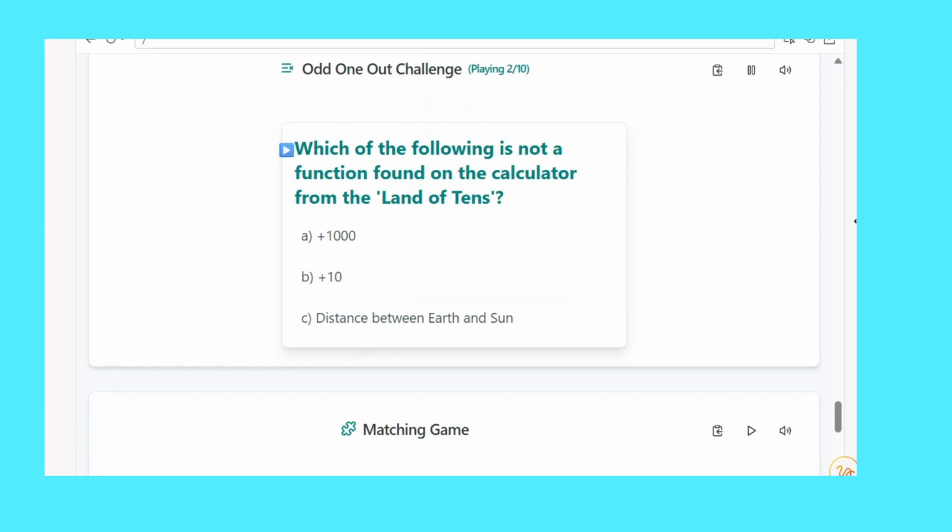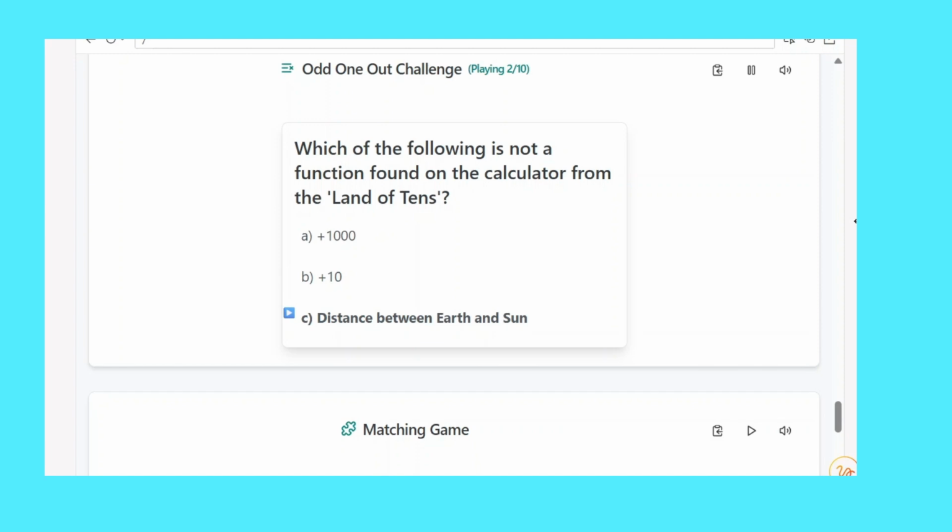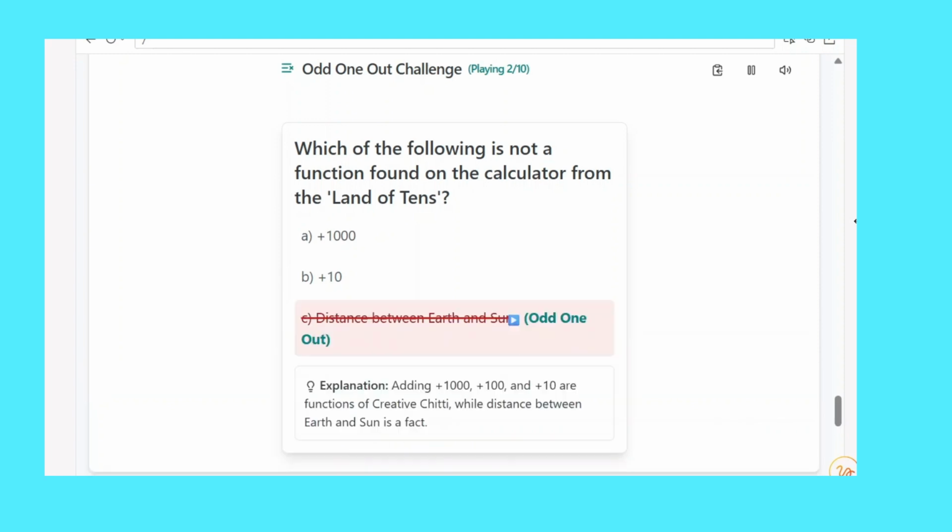Which of the following is not a function found on the calculator from the land of tens? +1000, +10, distance between Earth and Sun. The odd one out is distance between Earth and Sun, because adding +1000, +100, and +10 are functions of creative chitti, while distance between Earth and Sun is a fact.